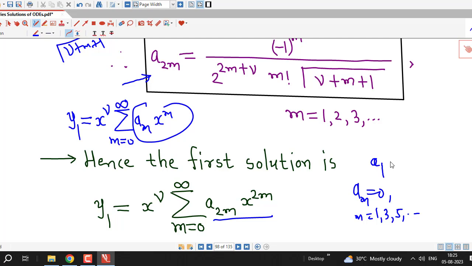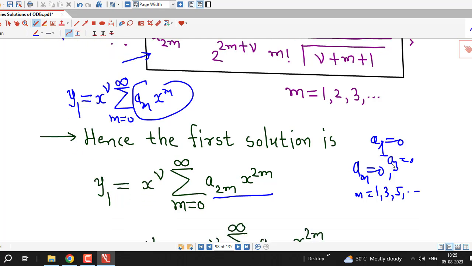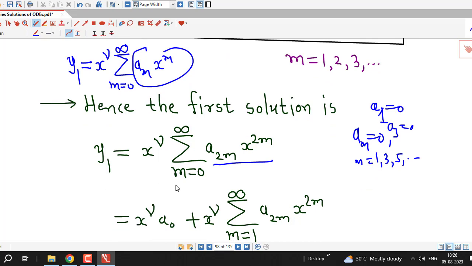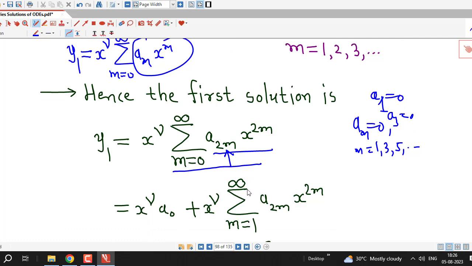We have seen that a1 is 0, therefore a3 is 0, and therefore all the coefficients with odd suffix are 0. This I can rewrite as, I am considering the term corresponding to m equal to 0, which is a0 x raised to 0, that is a0 into x raised to nu, plus x raised to nu into sigma m equal to 1 to infinity a2m x raised to 2m.